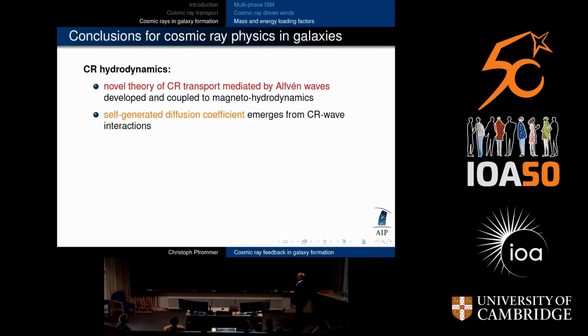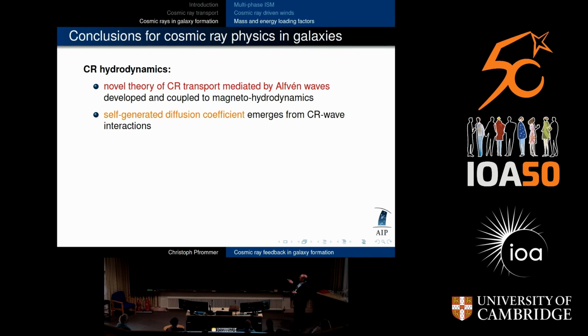So bottom line, we have developed cosmic ray hydrodynamics, and that's necessary to go to these modern techniques for cosmic ray transport, because you need to actually self-consistently model the diffusion coefficient. If you don't do this, you get the wrong answer. That's what we did in the past, and I think that is a plea to really move on to the new models for cosmic ray transport.